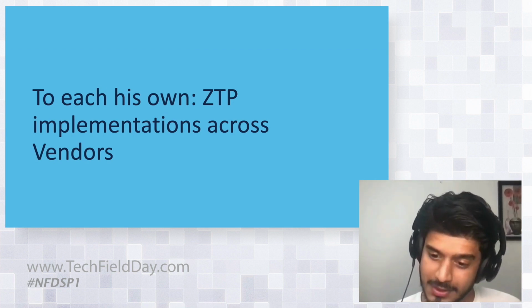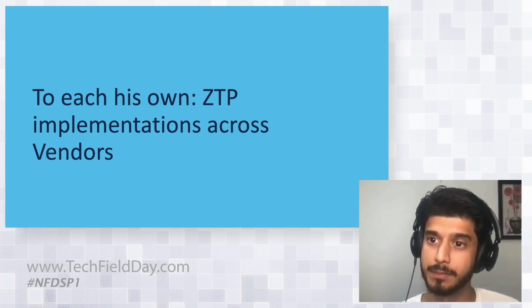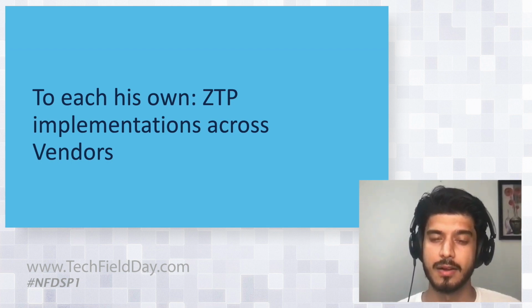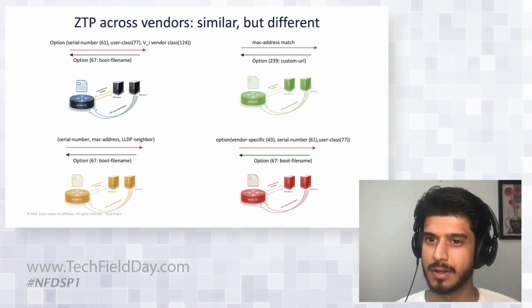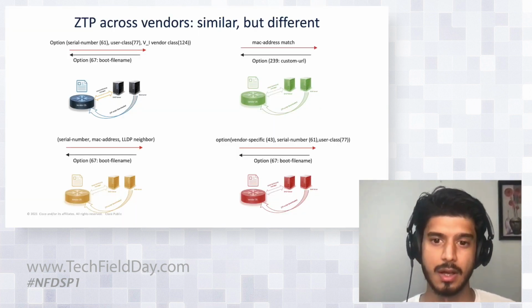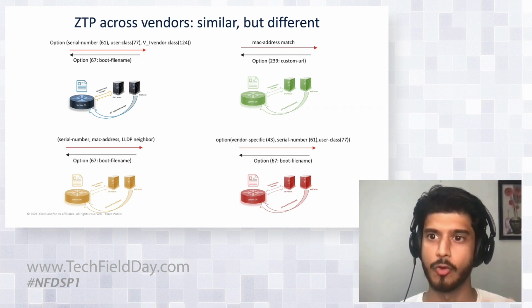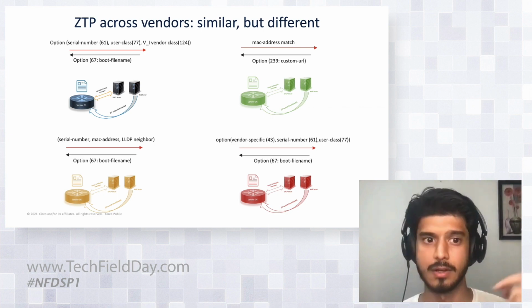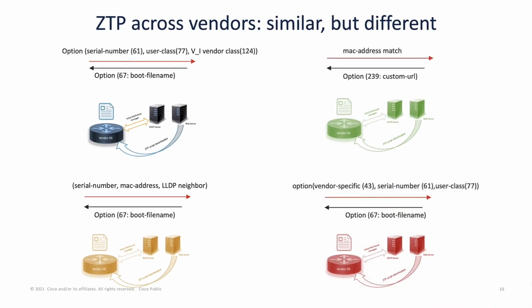Another important point to consider is the fact that the ZTP implementations are very similar, but really different across vendors. I'm just giving you a quick snapshot, without naming names, of the type of options that you have in play, right? The options that you send out from the device to the DHCP server and what you get back from the DHCP server varies across vendors. Those who know which vendors I'm talking about.